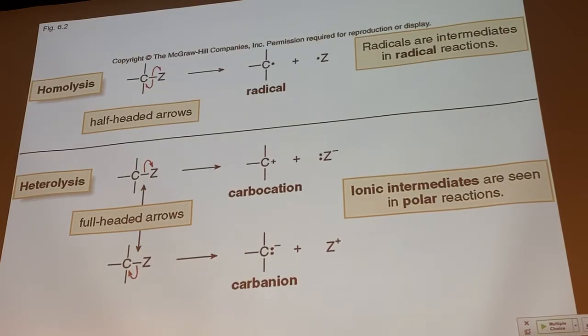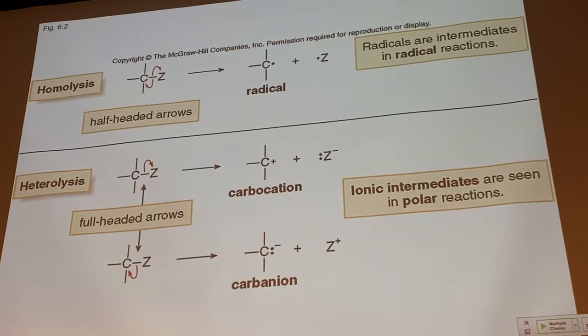Homolysis is shown a little bit differently. So homolysis has to be drawn differently because our curved arrow is showing the movement of a pair of electrons. But when we perform a homolysis, we don't have a pair of electrons. We have single electrons that are moving in different directions.